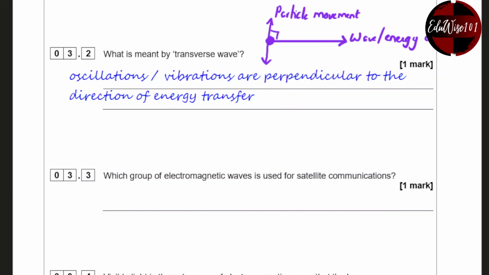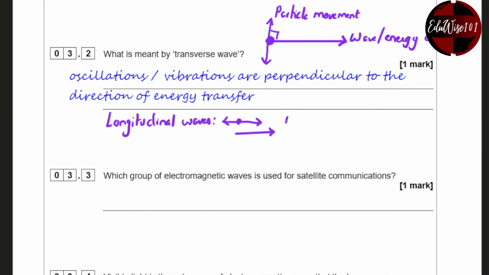Now, while we are on transverse waves, remember longitudinal waves. Right? The particle moves parallel to the direction of the wave.